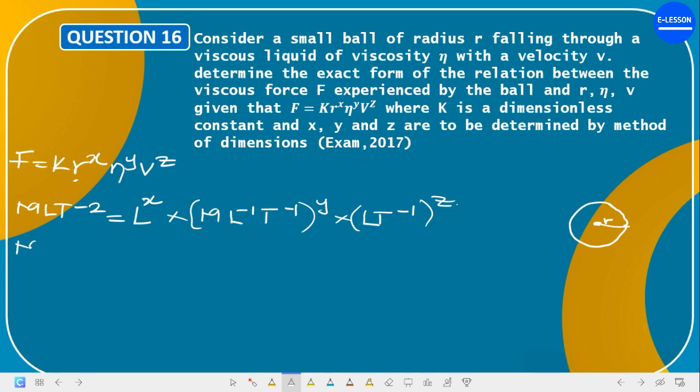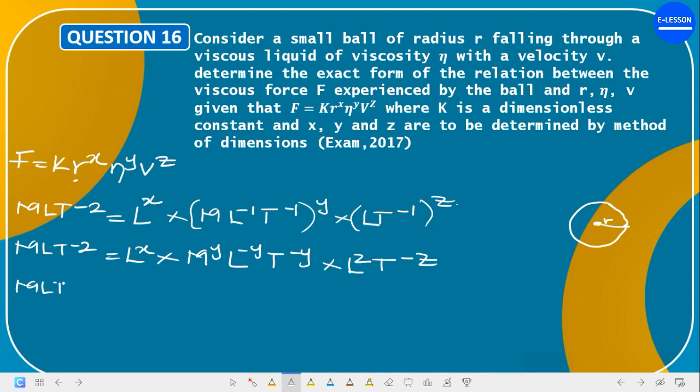So this gives us MLT^-2 is equal to L to the power of x times M to the power of y, L to the power of minus y, T to the power of minus y, times L to the power of z, T to the power of minus z.